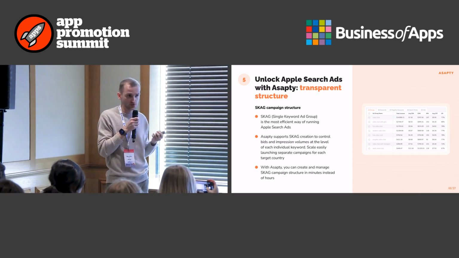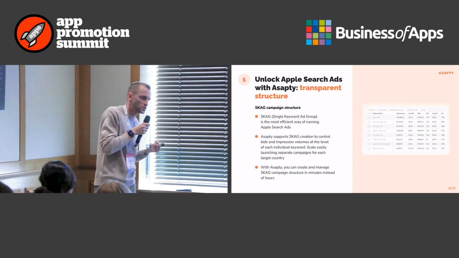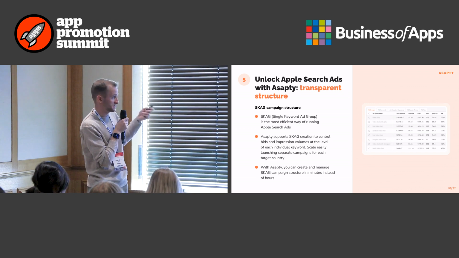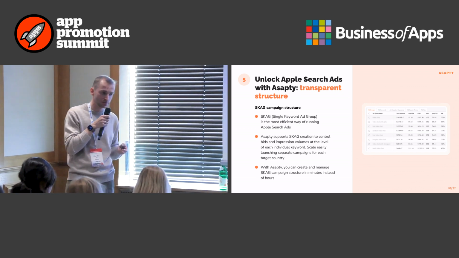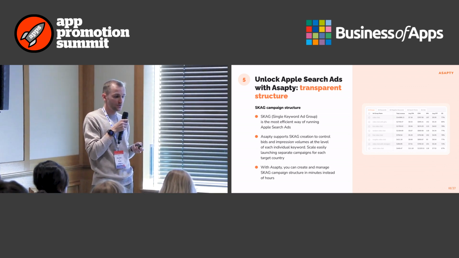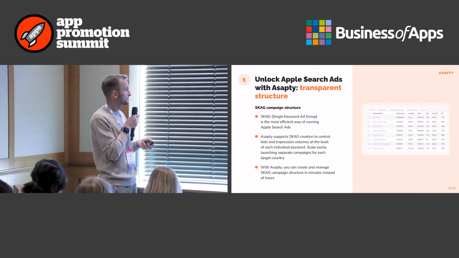If you put all the keywords inside one ad group, you are not able to fully control them all. In single keyword ad group campaign structure, you could use all the available bids. The most important is the CPA goal. You can use the CPA goal for each ad group separately, and that's what makes the biggest sense.